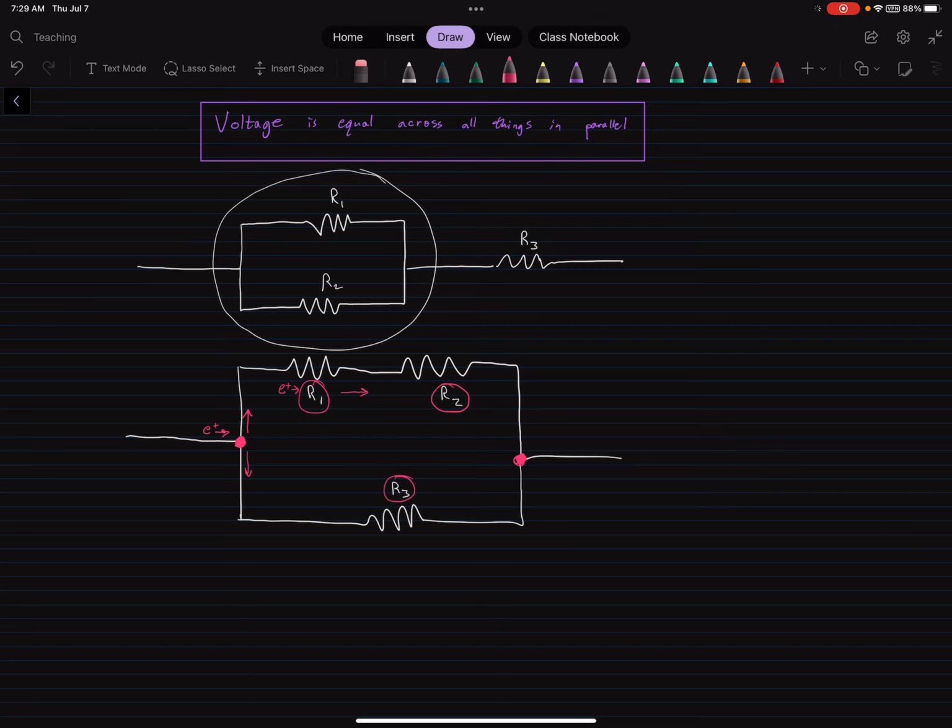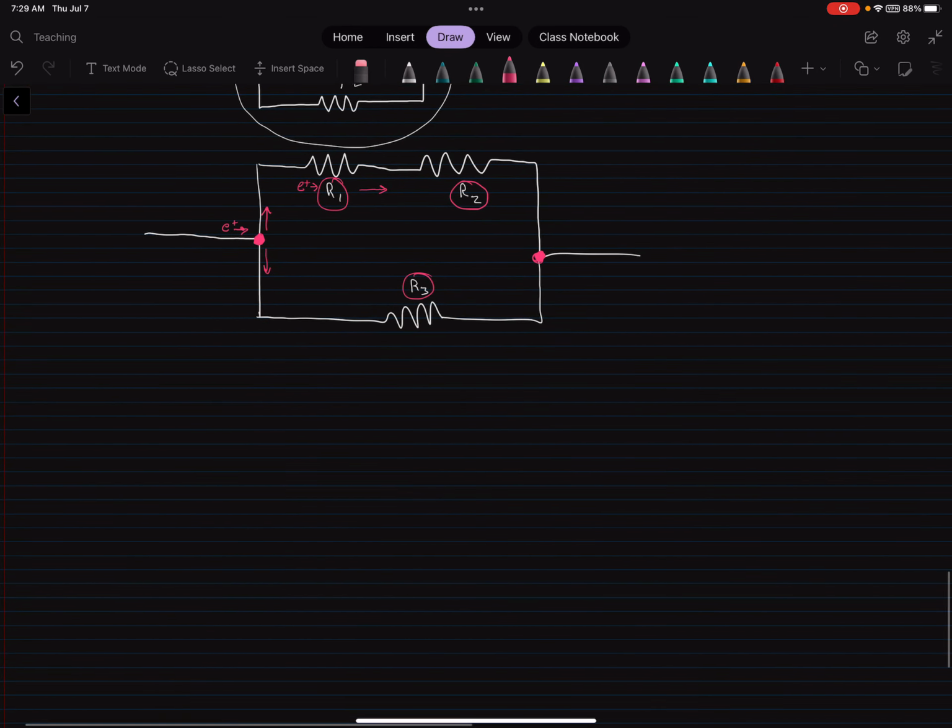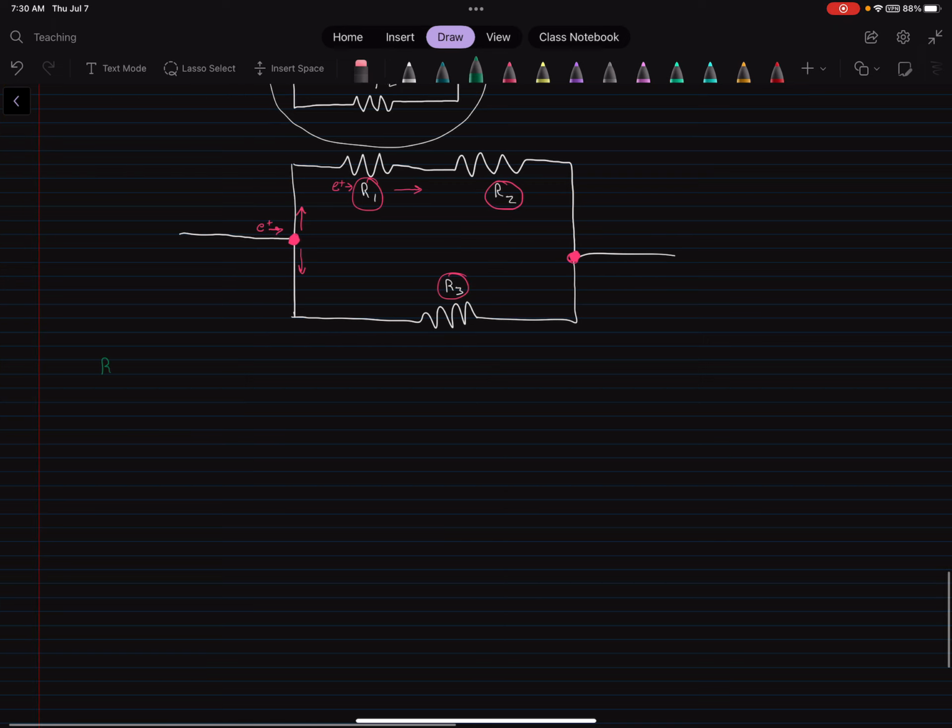So the next thing that we're going to talk about is how to deal with all of these combinations of things. So we have certain formulas that apply when you have multiple resistors in various combinations. So resistors in series first.